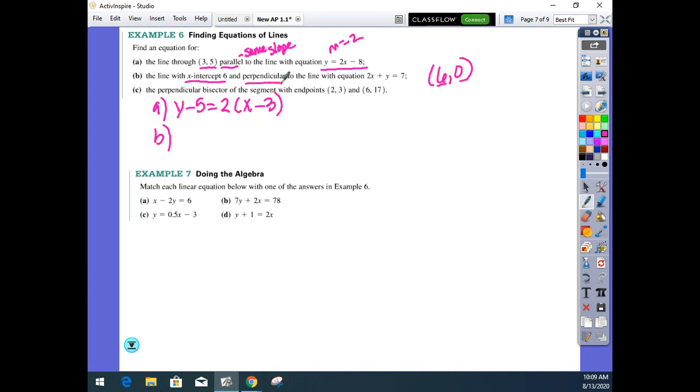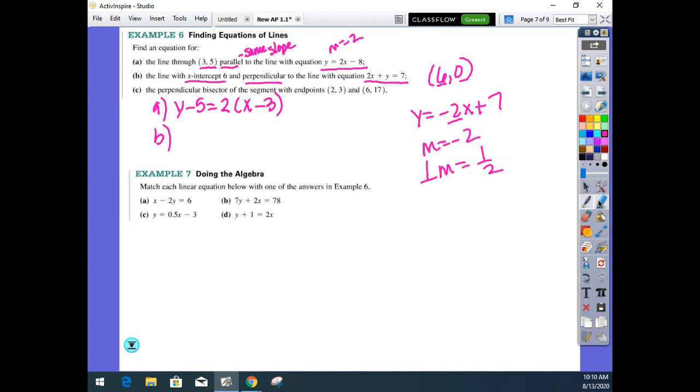Perpendicular. We first need to determine what the slope is of this line, so I'm going to get y by itself. My slope of this line is -2, and my perpendicular slope is +1/2.